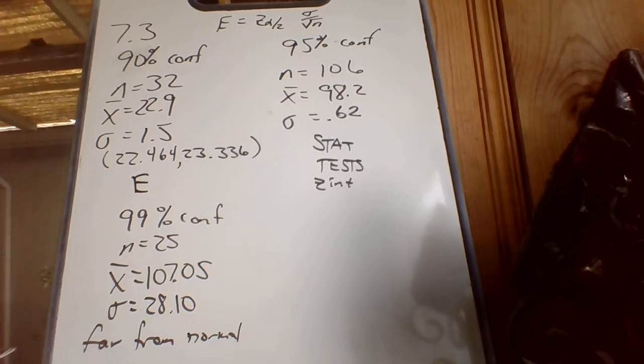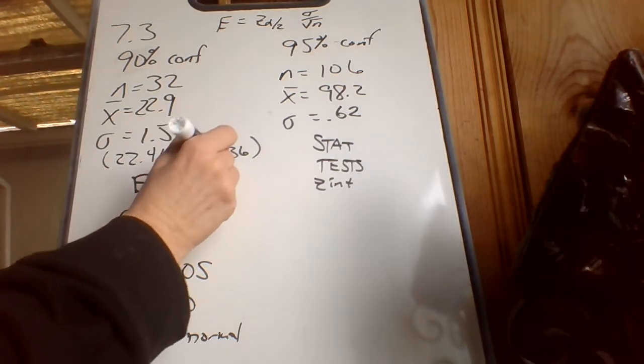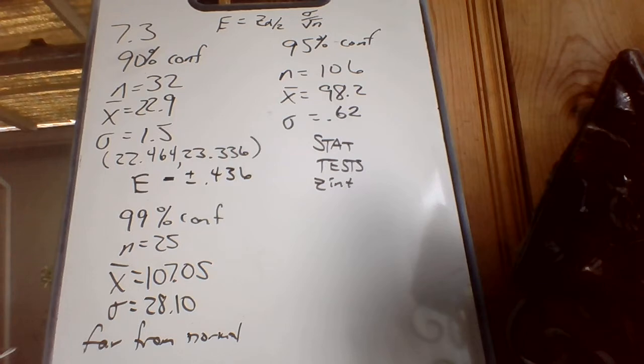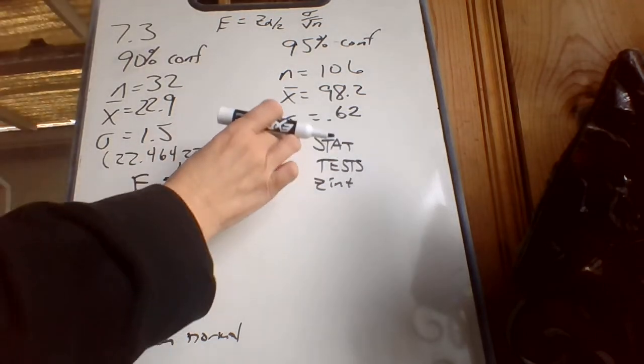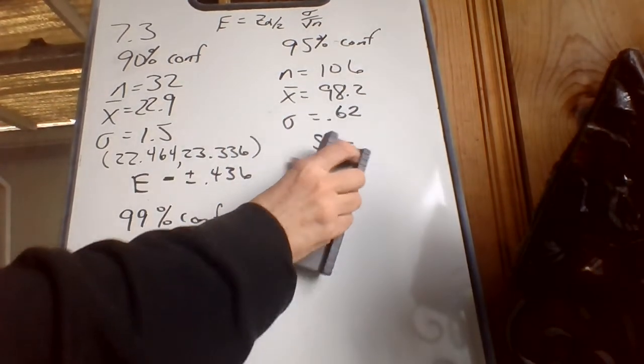Just go ahead with that big minus little thing. 23.336 minus 22.464, and then remember to divide by 2. 0.436. Okay, problem done. All right, didn't use the formula at all. I just went ahead and did this little thing in the calculator. Let's make some room over here for this one.